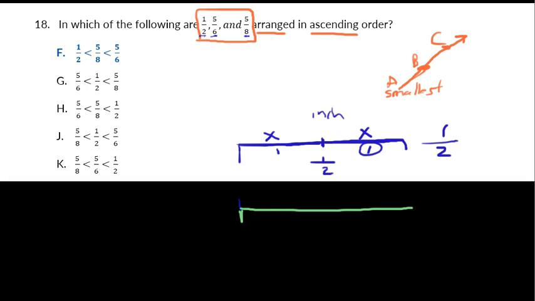Now let's take that same inch, and now we're dealing with sixths. So what that means is you divide 1, 2, 3, 4, 5, 6. So we divide the inch up into 6. Each one of these is 1.